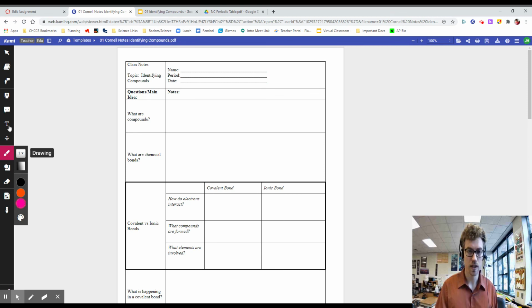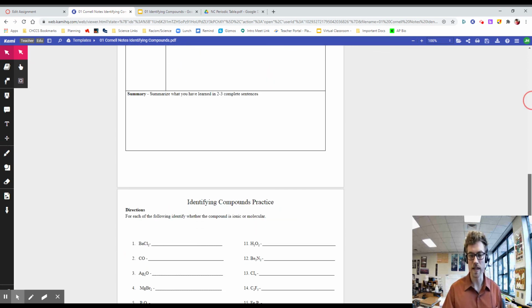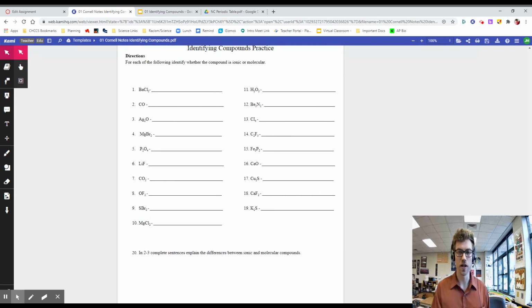So make sure that you've gone through and filled out all of the notes. And down here at the bottom, you need to write in whether or not it's ionic or molecular. I recommend doing what I was just doing, writing M and N for metals and nonmetals above the elements to help remind you. And so just make sure that you're going through and answering all of those.